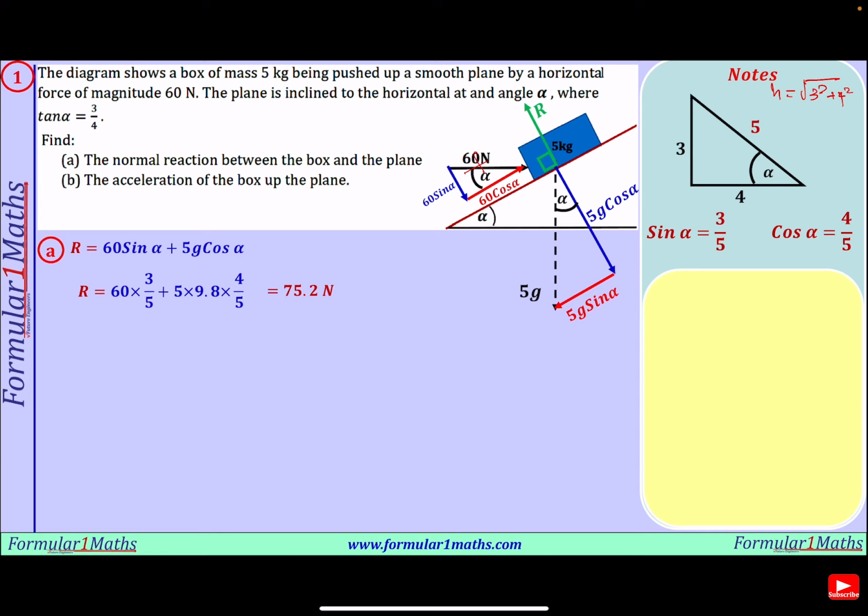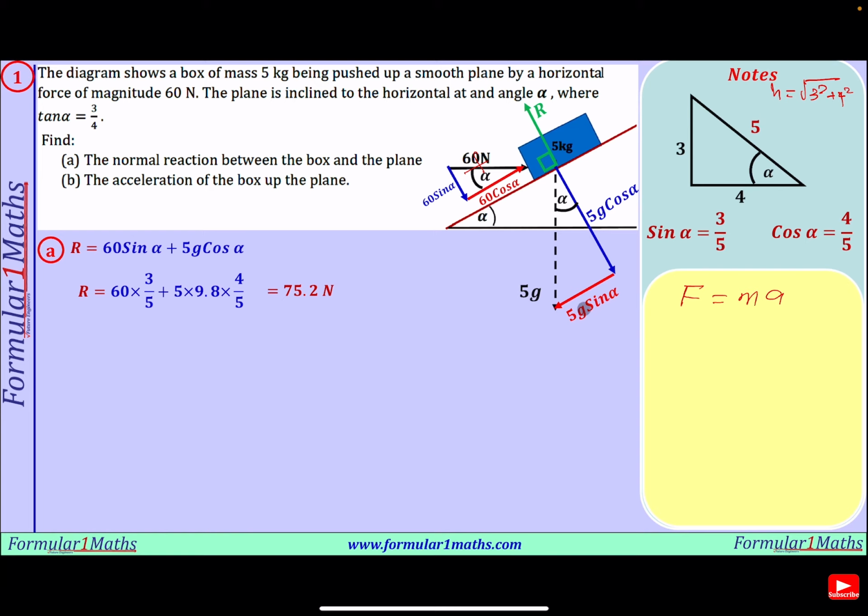For B, we use Newton's second law of motion. So here we have F equals ma. So we are going to look at the components along the plane. We've got two components along the plane, 60 cos alpha moving up and 5g sine alpha moving in the opposite direction.